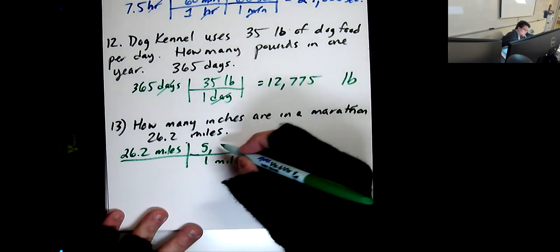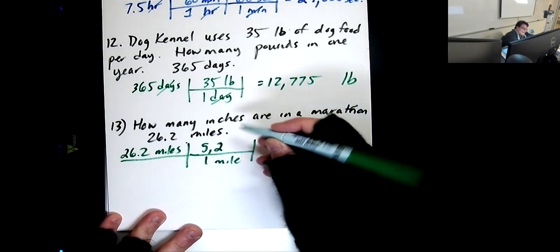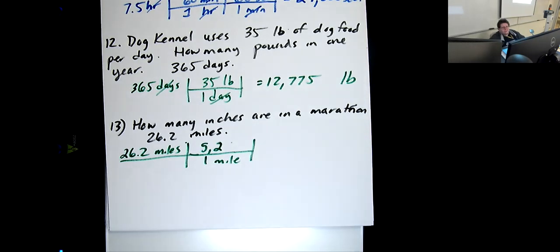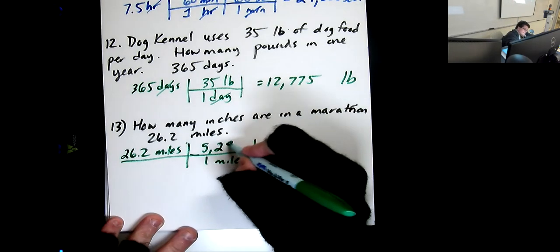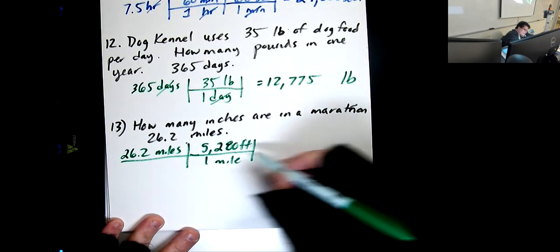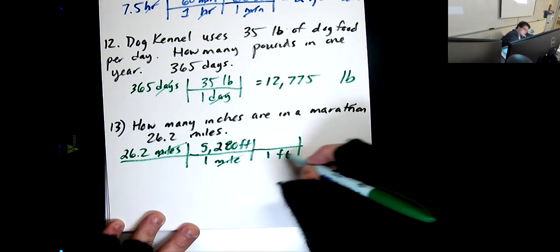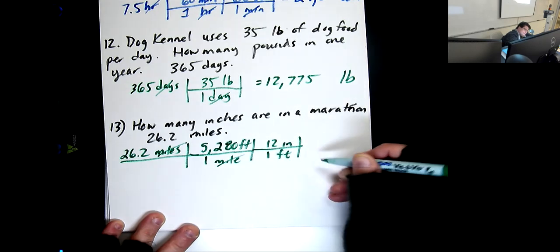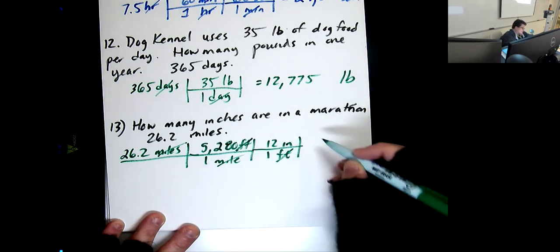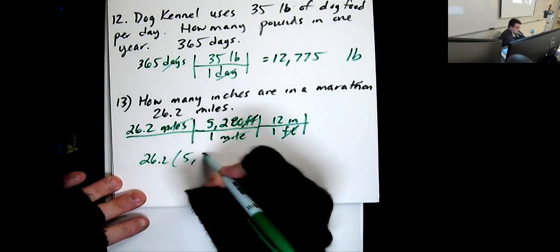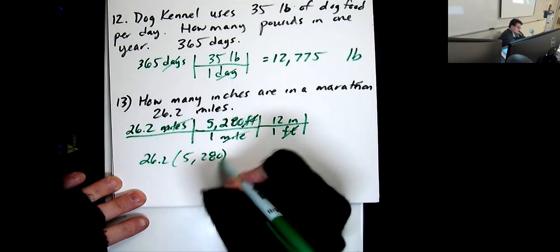That doesn't seem right, but that is right. And I didn't want feet, I wanted inches, and 1 foot has 12 inches. So we're doing 26.2 times 5,280 times 12.